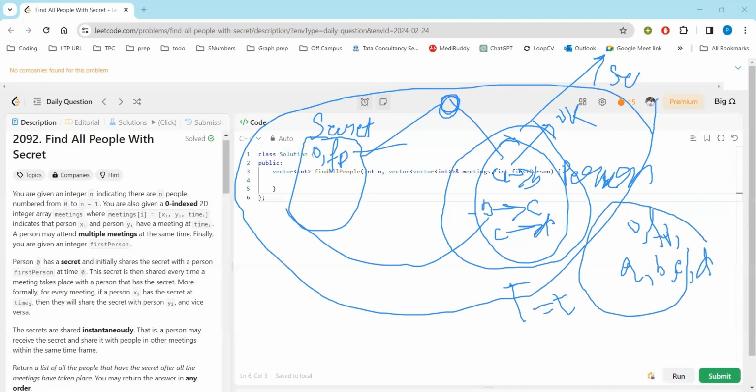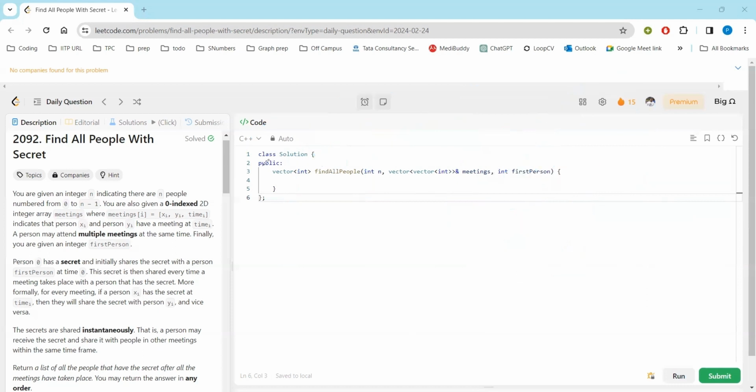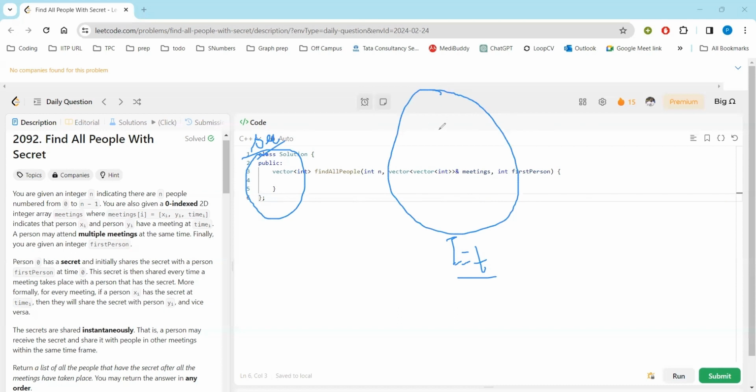Now let's take one more scenario. Suppose there are a set of persons who know the secret, and at time t equal to t, there are persons who don't know the secret and are somehow linked with some of the meetings.